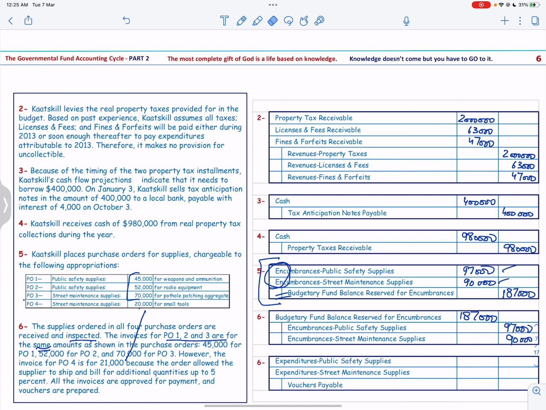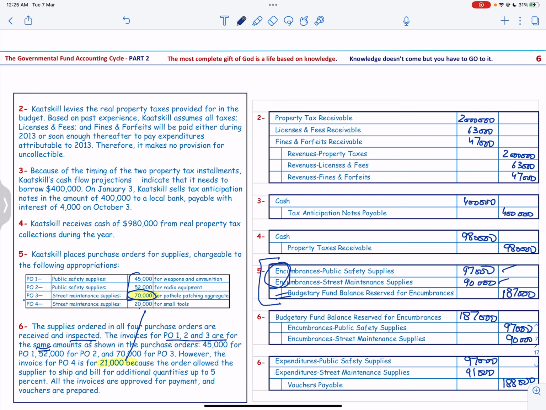There is no problem as far as the purchase order is concerned. The amount is the same, 97,000. And then we have expenditure street maintenance, and that will be 70,000 plus 21,000, and that is equal to 91,000. And the vouchers payable will be 188,000.